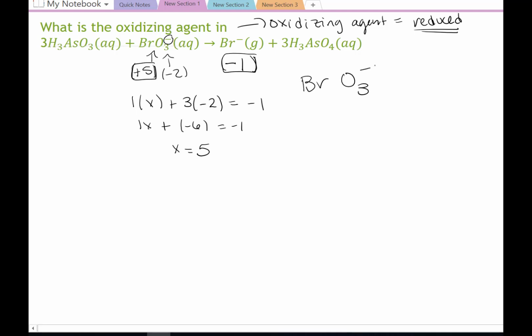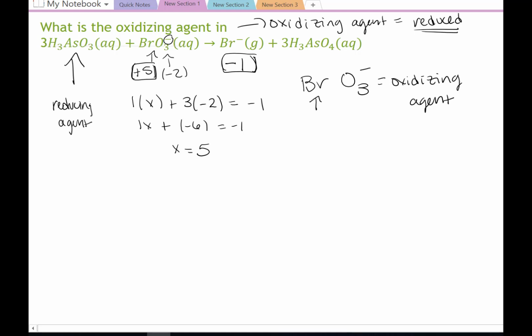So this is our oxidizing agent because it itself is being reduced, specifically the bromine. So then we would say our reducing agent would be the other compound. So we don't even have to go on any further.